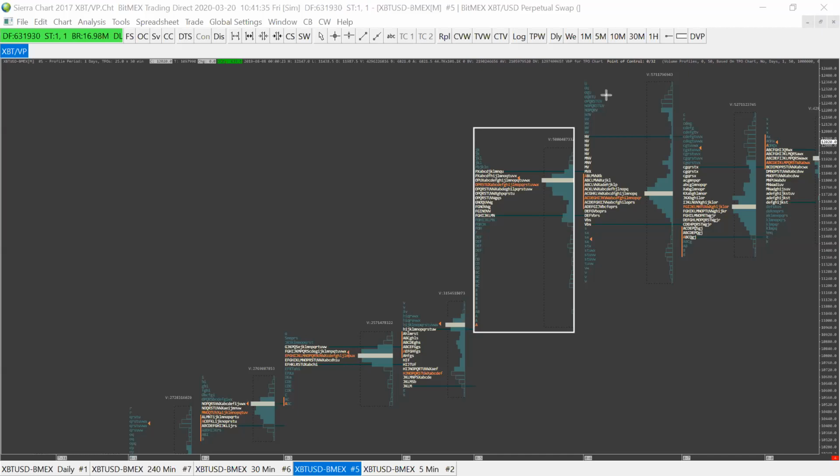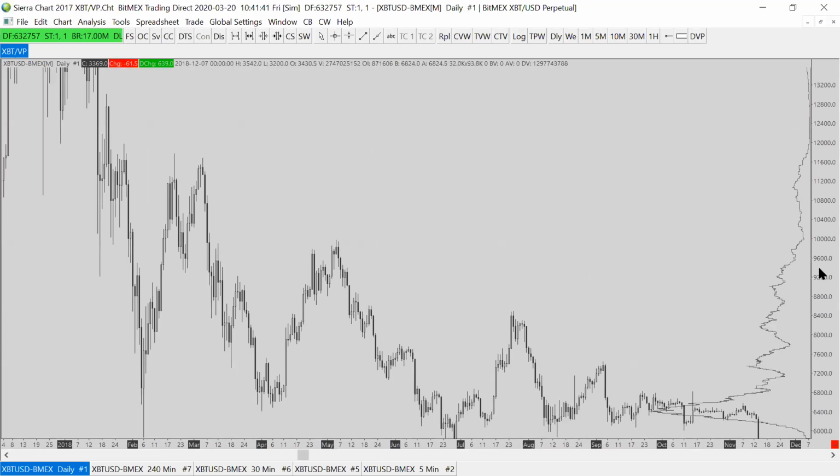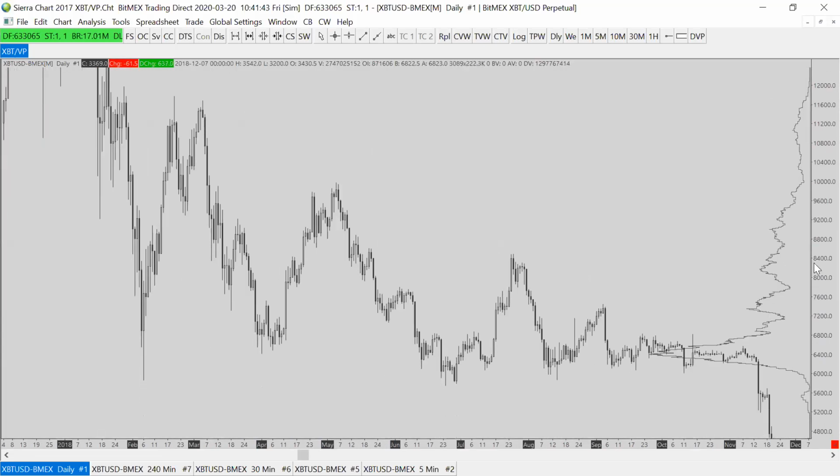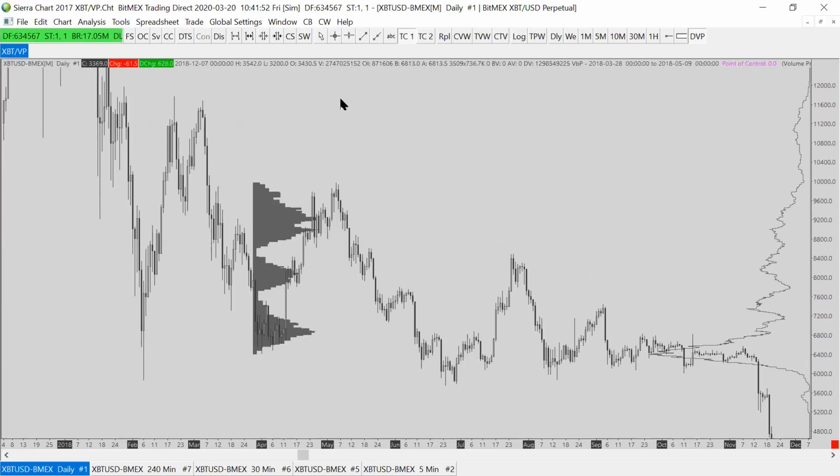So if we just find an example here. Okay, that's a nice example. So high volume area, price spends an extended amount of time trading there.